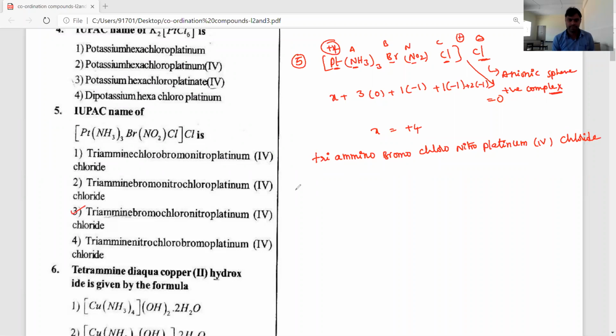Okay, students. Now, for the name they gave, we have to draw the correct structure of the complex compound. Tetraamine means 4 NH3 ligands are present in the coordination sphere.